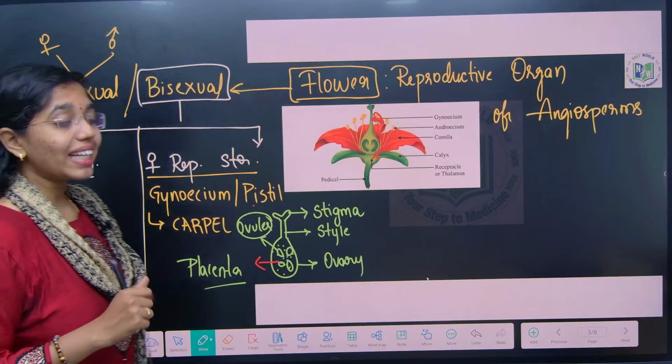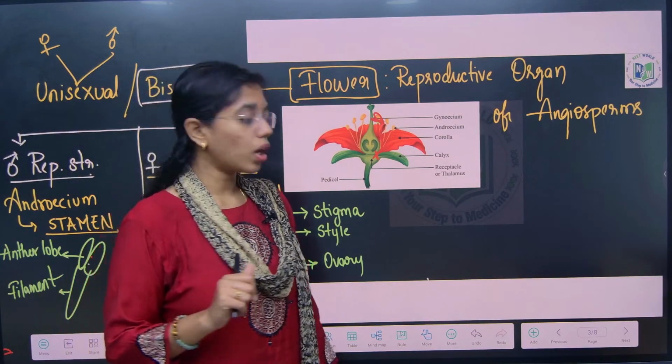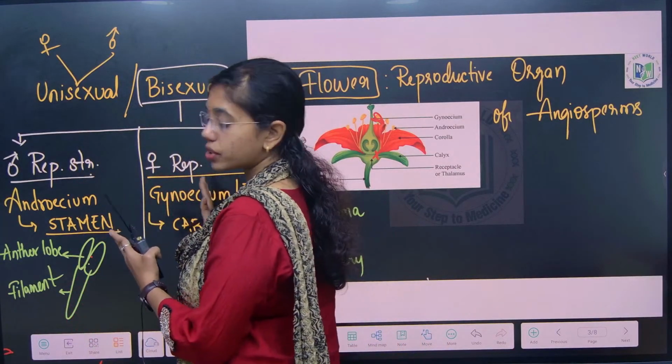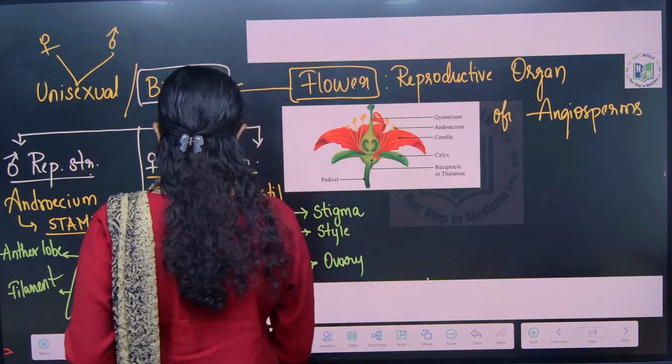Now, look at the essential and non-essential whorls of a flower. The two reproductive structures we have discussed are the essential whorls of a flower.